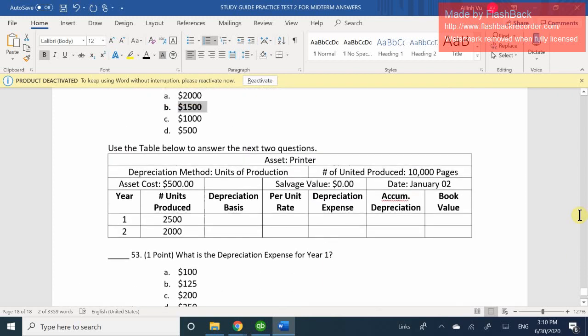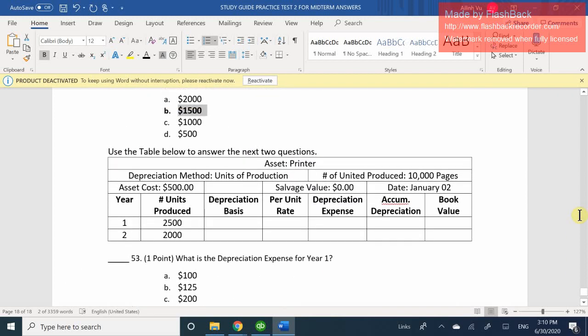Oh shoot, I guess I didn't have a double declining in here. Okay, so use the table below to answer the next 2 questions, okay? So the asset's going to be a printer, and the depreciation method is going to be units of production.